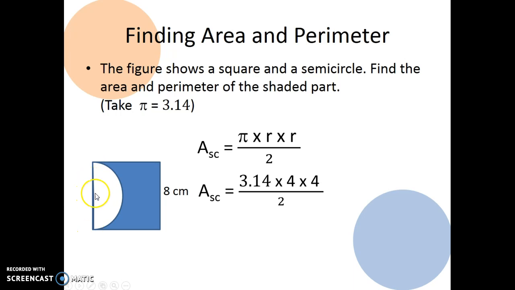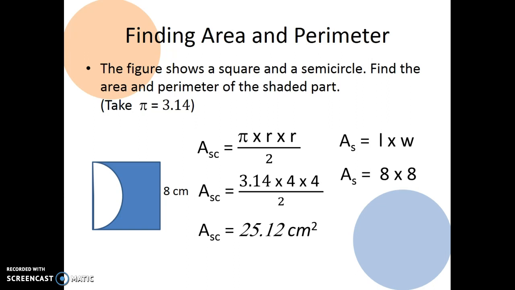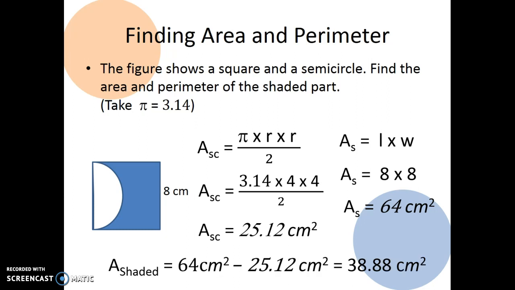You need to divide that by 2 and use that for radius. And my area of the semicircle is going to be 25.12 centimeters squared. And then we'll use our area formula for a rectangle, length times width, or 8 times 8, so 64 centimeters squared. And now I'm going to subtract 25.12 from 64, and I'm going to get 38.88 centimeters squared.